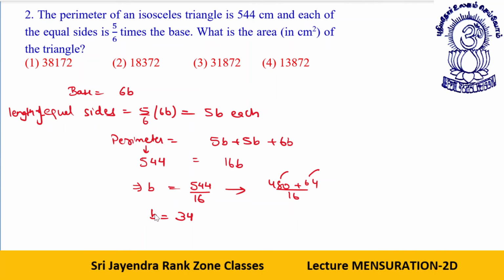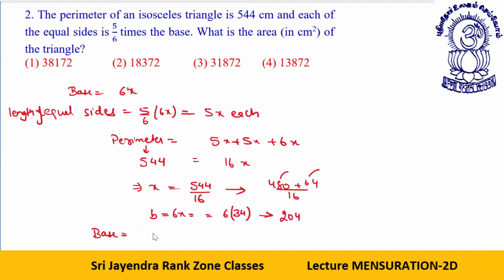We have B, only B. So base was how much? I should have written actually X, so that there won't be confusion. Let it be X. So X comes out to be this, and base B is equal to 6x, which is 6 into 34, equal to 204.